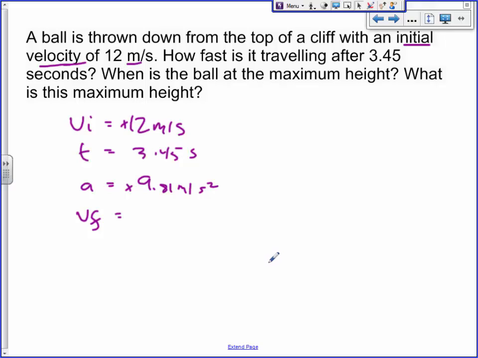It's the one that's really sneaky. It doesn't look like it has 4 variables, but it's that your acceleration is your change in velocity over your time, however they write that on the formula sheet. Because it's really velocity final minus velocity initial over time. That one's sneaky. It doesn't look like it has 4 variables, but it does.